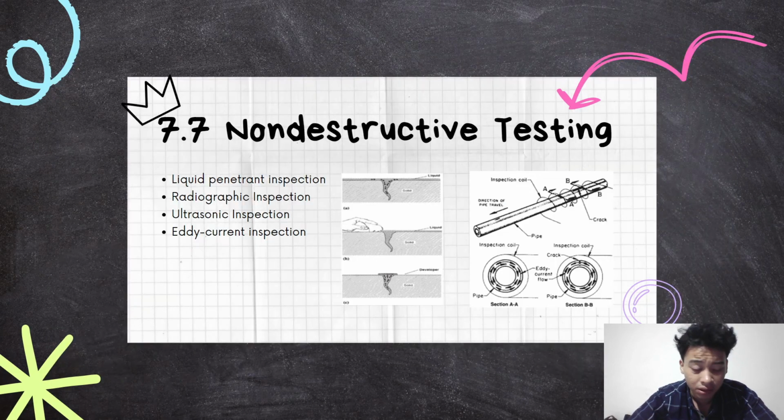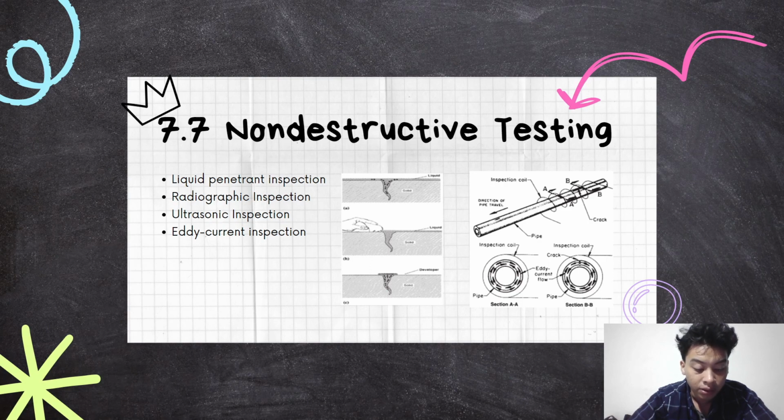Now, nondestructive testing. Various nondestructive testing, or NDT, and inspection techniques are commonly used to detect and evaluate flaws, irregularities, or defects in engineering systems. Liquid penetrant inspection is a nondestructive method used to find discontinuities that are open to the surface of solid and essentially non-porous materials.